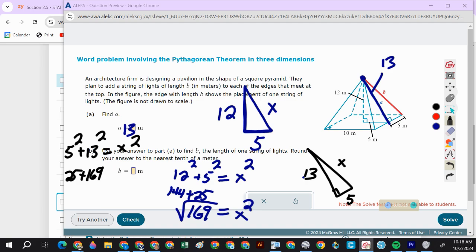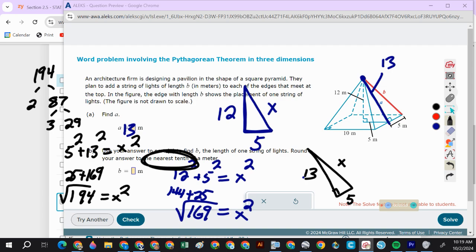That's going to be 194. Then we take the square root. What goes into 194? 2 and 97. 29 is prime. Oh, it probably wants the decimal, right? Yeah. Nearest tenth.